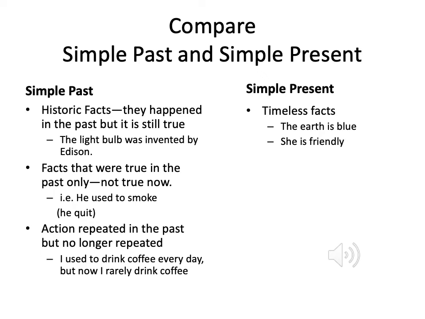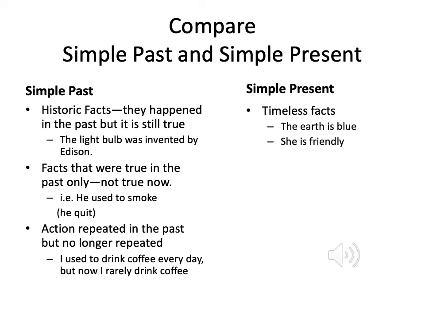We use it for facts that were true in the past only and are not true now. He used to smoke, but he quit, so it's no longer true. We use it also for action that was repeated in the past, but is no longer repeated. For example, I used to drink coffee every day, but now I rarely drink coffee.